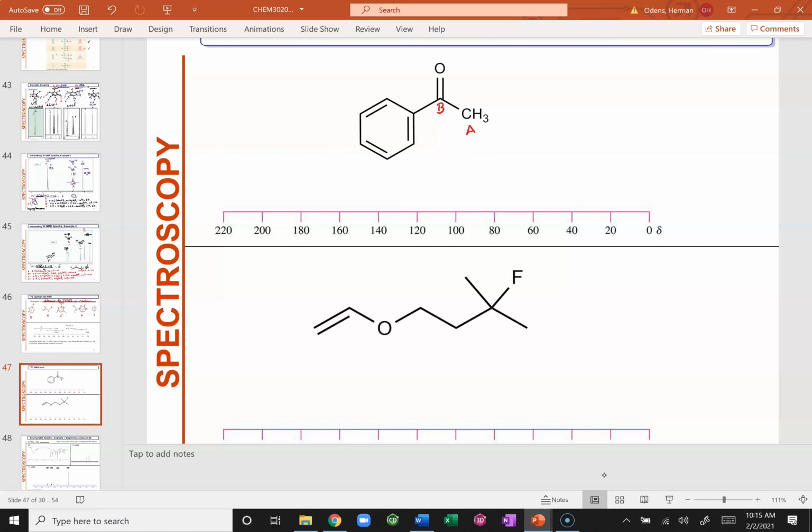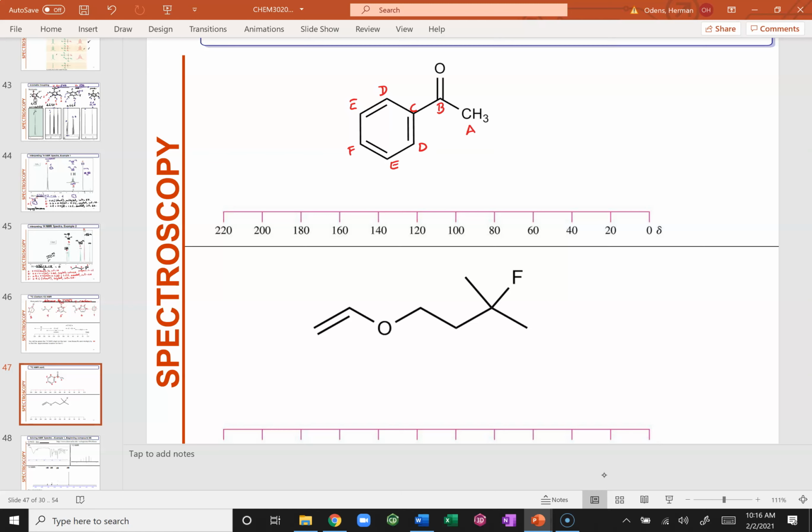A, B. Then I have C, D. I have a D here and a D here that are the same. E and E. And I have F right here. I have a planar symmetry that cuts between C and F. Right there. You see it, right?